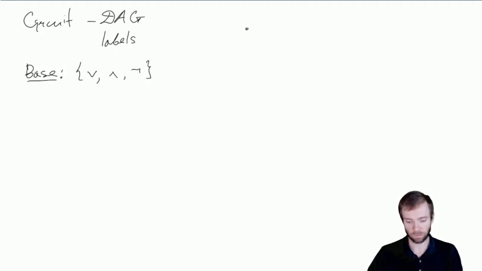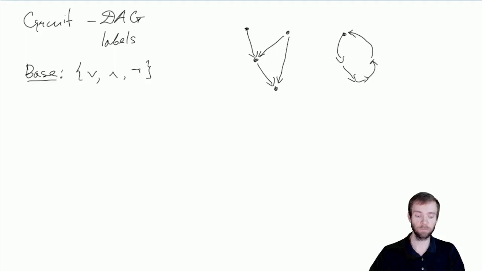As soon as we agreed upon the base that we use, we now can define a circuit as a directed acyclic graph. So we have nodes, we have arcs, directed edges between these nodes. And this graph is acyclic, so we are not going to find any cycle of this form, so that we start at some vertex, we go along the arcs, and then we get back to the same vertex.